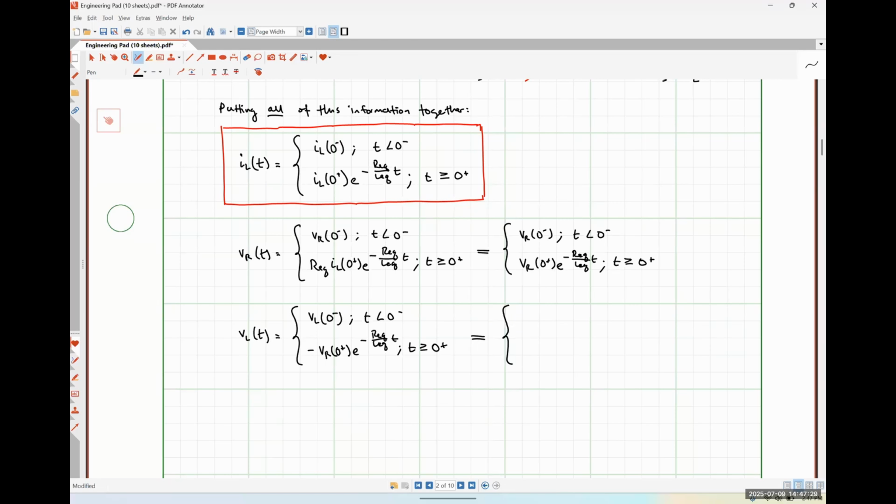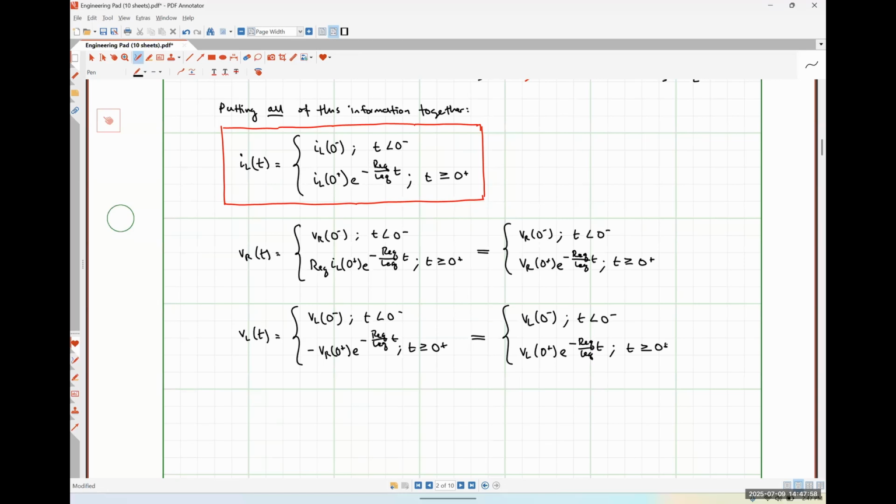So I could put this only in terms of the inductor voltage as VL at 0 minus for t less than 0 minus, and then VL at 0 plus, e to the negative REQ over LEQ times time, for t greater than or equal to 0 plus.